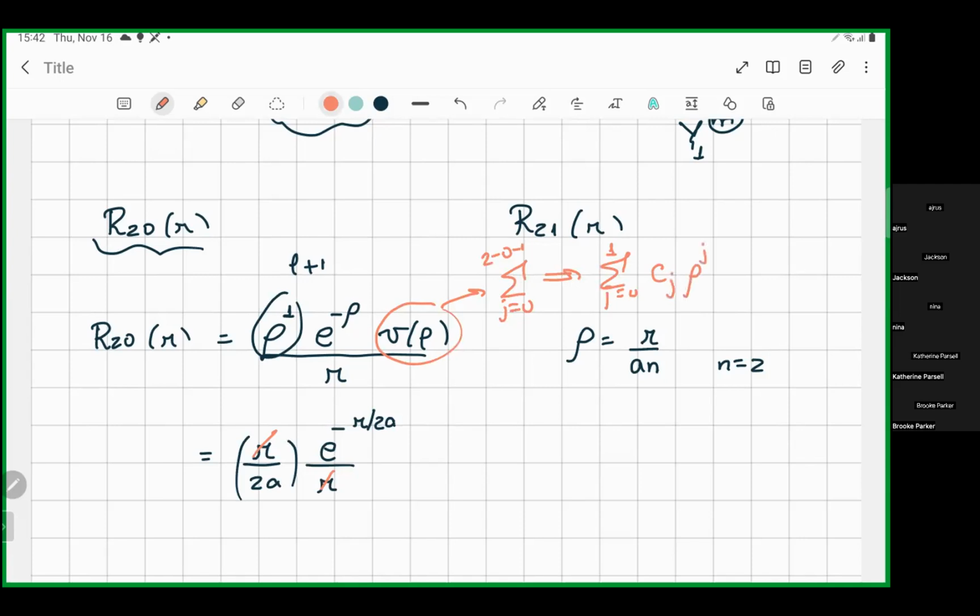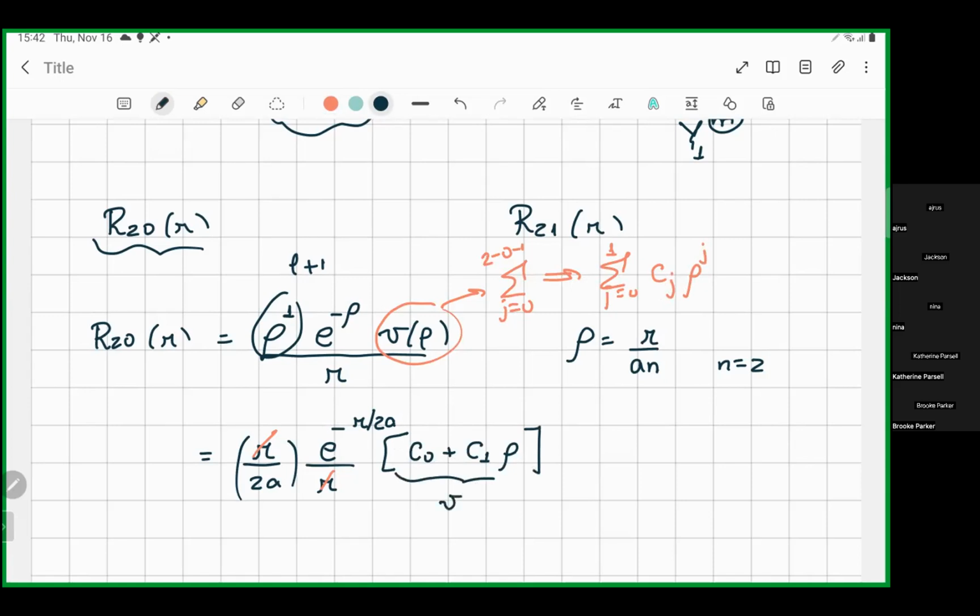Okay, so you see that we have two elements here. So I'm going to put our v with those two elements: c_0 when j is 0, so rho to 0 is just 1, and the other one is c_1 rho to the 1. Okay, so this is the v part.